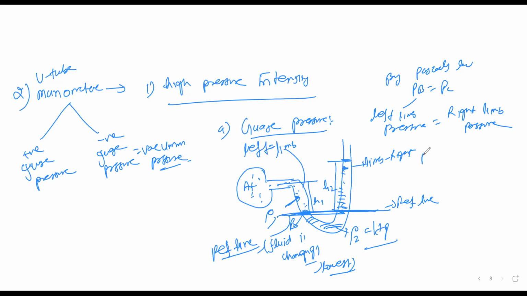The left limb is PA plus rho1 G H1, because the density is rho1 and the height is H1, and it is equal to the right limb. The right limb is rho2 G S2. So PA will be equal to rho2 G S2 minus rho1 G H1.